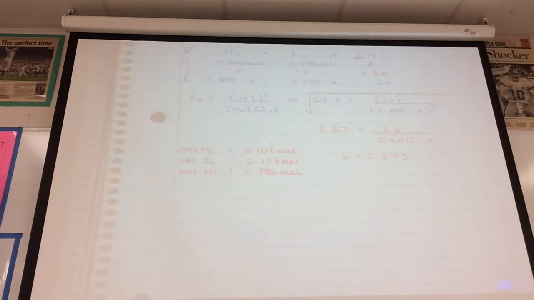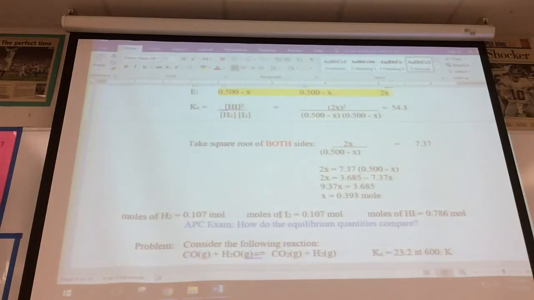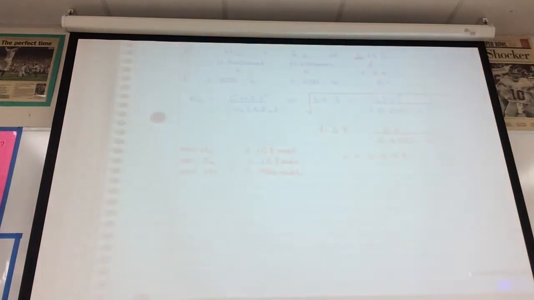However, this is a question that you can often see. It says, how do the equilibrium quantities compare? Now we went ahead and solved it, but let's make some inferences here. What can you say about moles of hydrogen and moles of iodine?